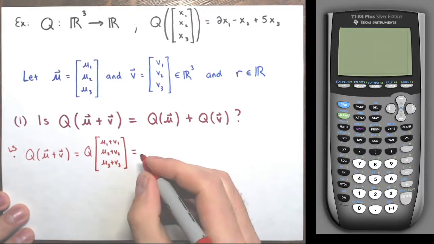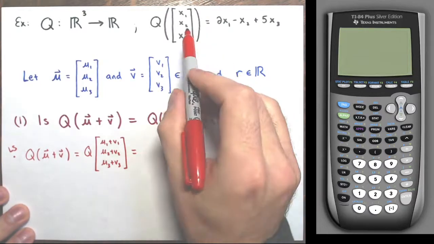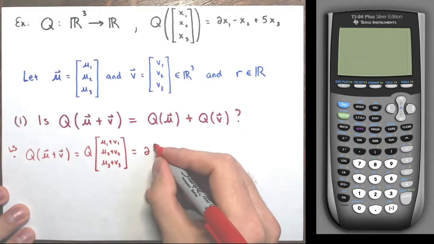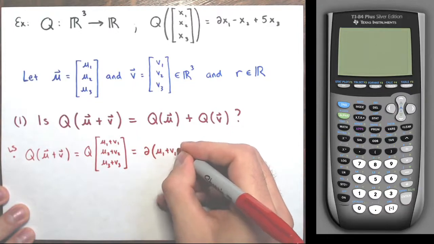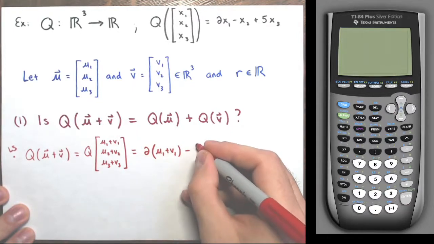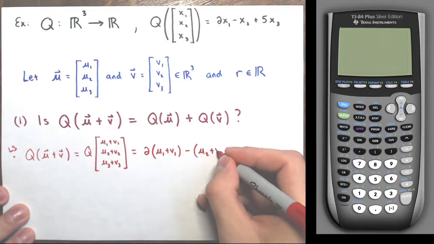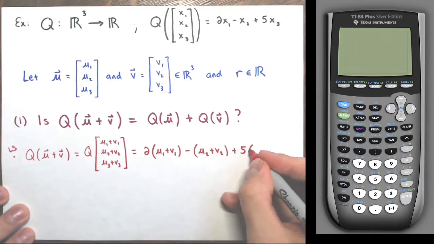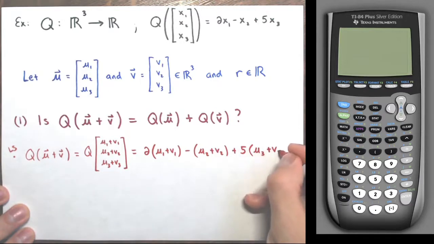Then applying the rule for Q, the output is 2 times the first component, so 2 times u1 plus v1, minus the second component, minus the quantity u2 plus v2, and then plus 5 times the quantity u3 plus v3.